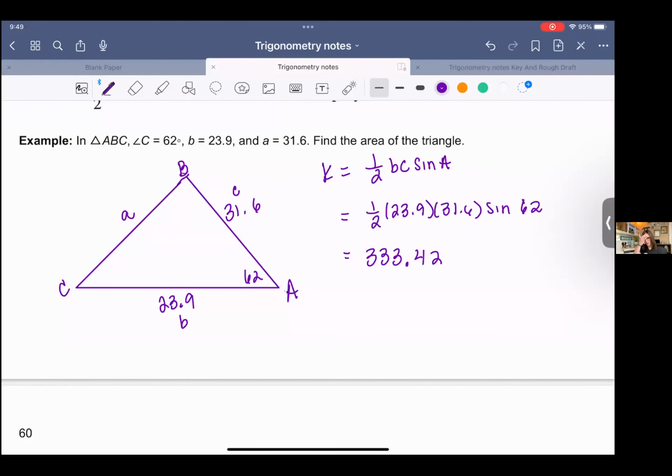I was not given the units, like whether it was inches or feet or centimeters, so I'm just going to say units squared. Remember, this is area, so your units are going to be squared here. To explain that, if this were 31.6 units and 23.9 units, when you multiply units times units, you get units squared.